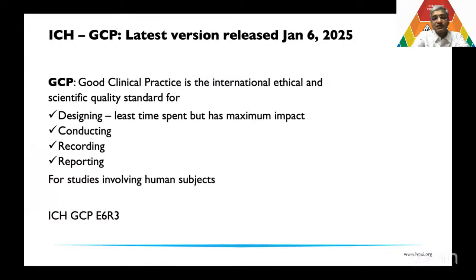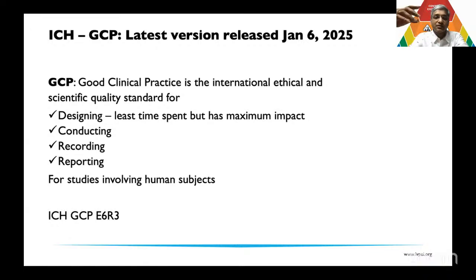And in this, something which most of us spend the least amount of time is in the designing of the trial, which the previous speakers have alluded to, asking the right question and doing the correct methodology to get the answer which we want to use for our patients.